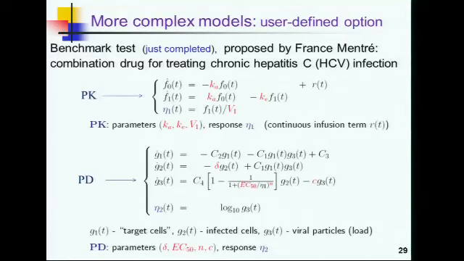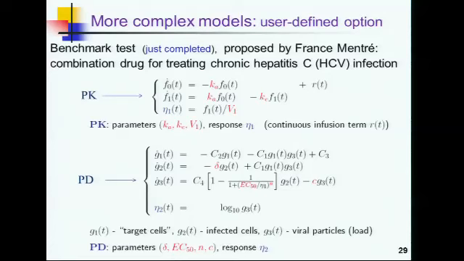And finally, we can address a really quite complex model. This is an example of a benchmark test. We have just run it and finished last week. So we have a PK component. It's a one compartment model, but with a constant infusion term. We have a PD model, a system of nonlinear equations.